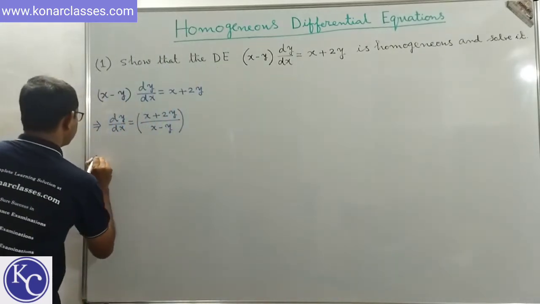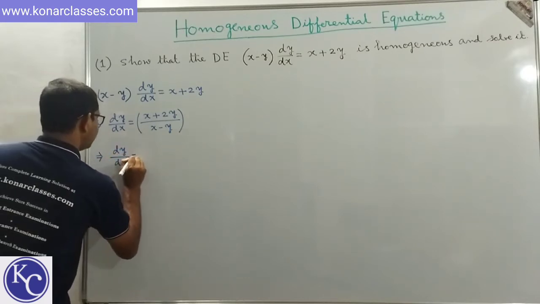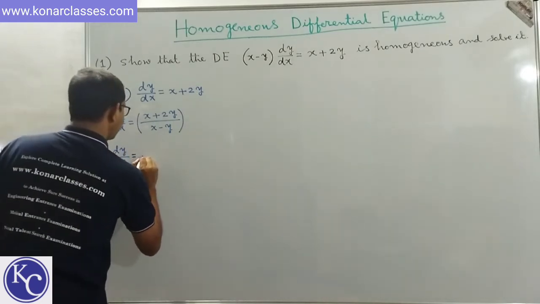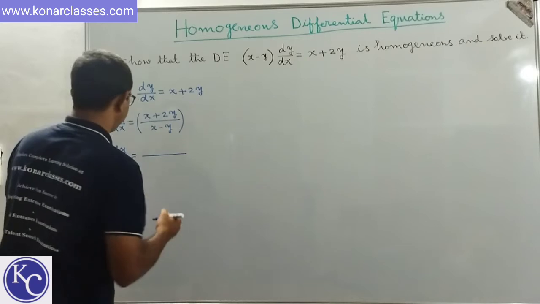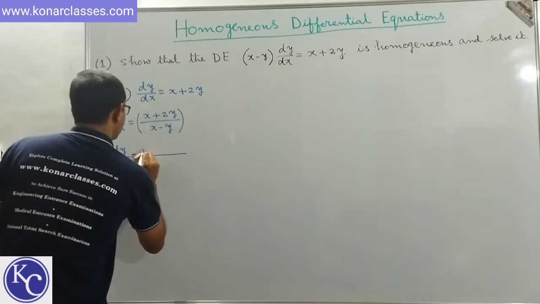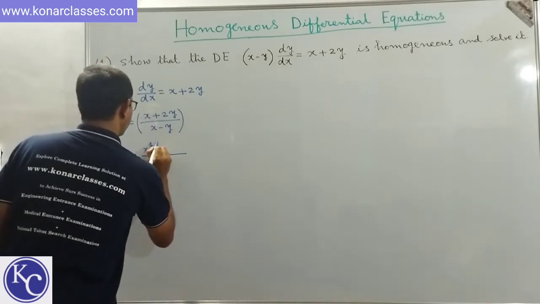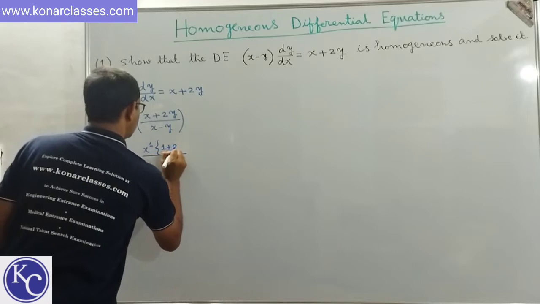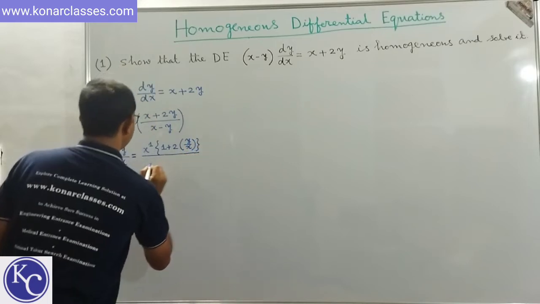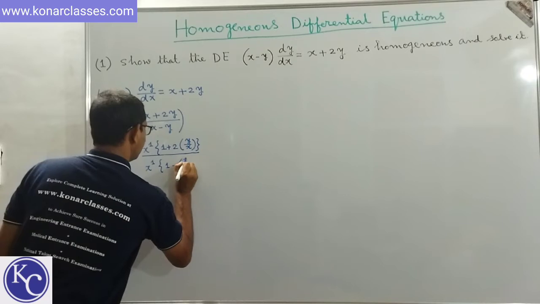So how to do this? This implies dy/dx is equal to x to the power 0 times something. In this case, we will take x common, and in the denominator the x common will get cancelled. So in the numerator we get x to the power 1 common, and we get 1 plus 2 into y by x. And in the denominator we take x power 1 common, we get 1 minus y by x.